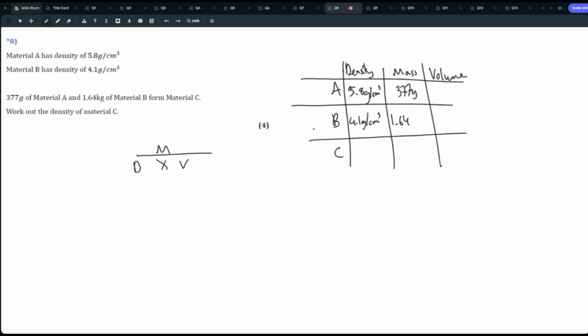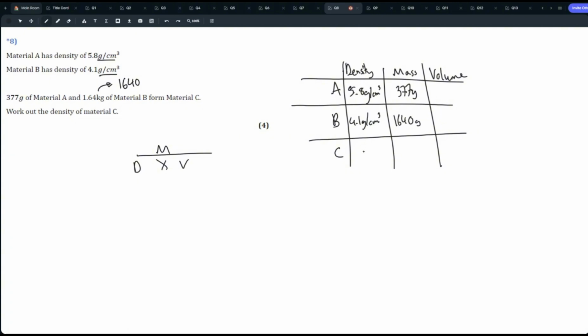But actually, I want to change this into grams because if you notice the density units are grams per centimeter cubed, so we have to be consistent. So times it by 1,000. So it'd be 1640 grams.